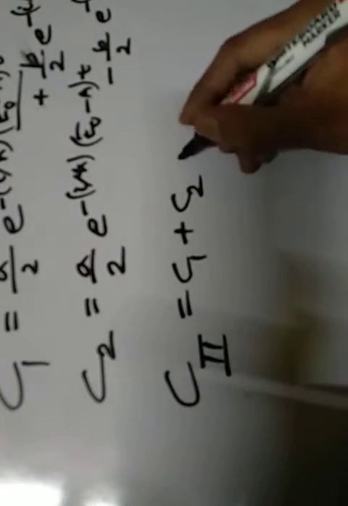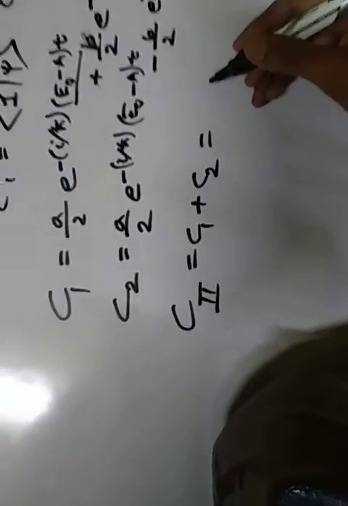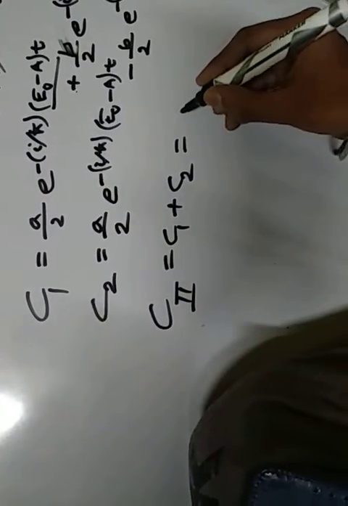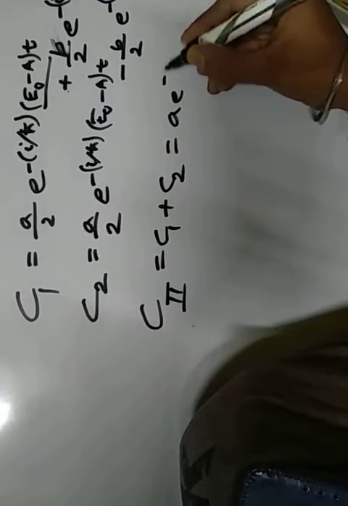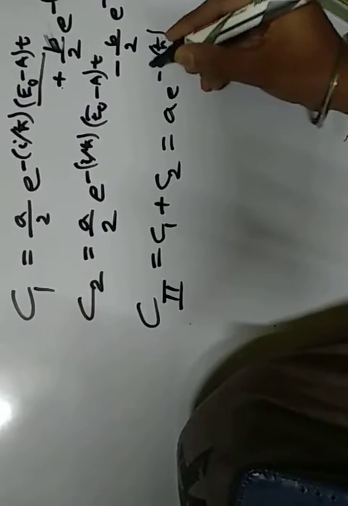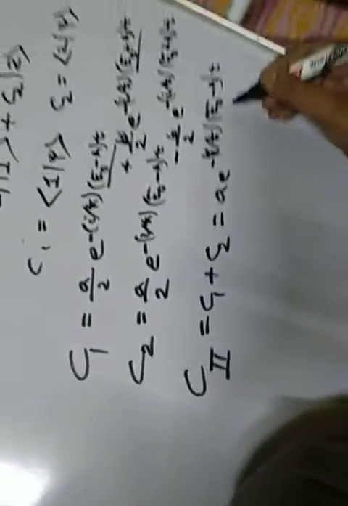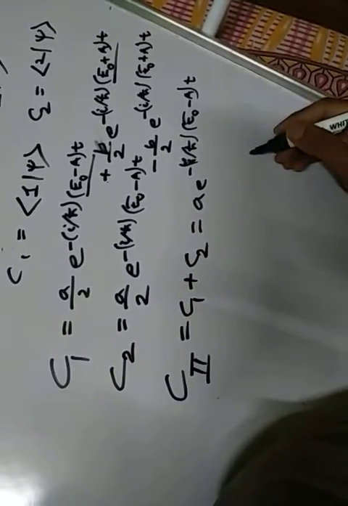If you use this, then see, b/2 cancels here, and the total term that comes over has only one dependence of E0 minus A, isn't it? So this gives us a state which has only a single energy dependence.